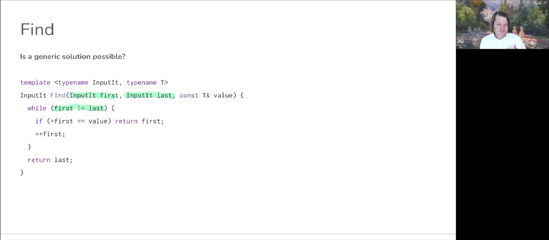We keep checking to see if we found a match as long as we're not at the last element. We want some consistent way to actually get the data value from the collection or the container that we'd like to compare to value. And then we definitely want some consistent way to move from one element to the next.